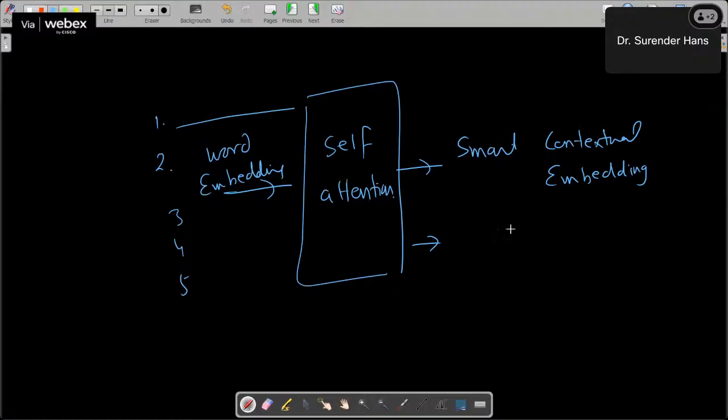So one such vector representation, and this final smart contextual embedding you further use in the next model or an architecture like a transformer. That is a smart contextual embedding, not this static word embedding.